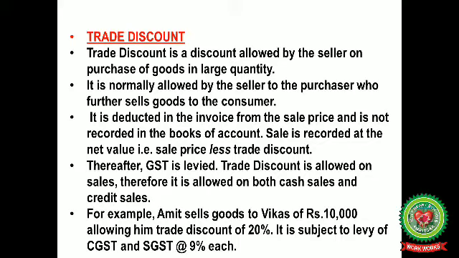Now, from 10,000, we will deduct 2,000 first, that is 8,000. 8,000 is the amount which is to be shown in the books of Amit and Vikas both. Now, upon 8,000, we will apply 9% each, that is 720 each. It is 1440. Our total amount becomes 9440. 9440 is to be paid by Vikas and is to be received by Amit.